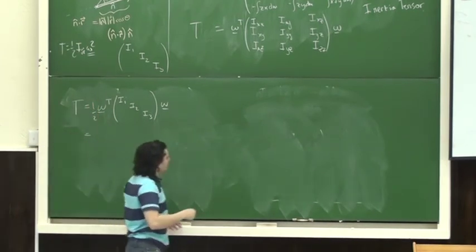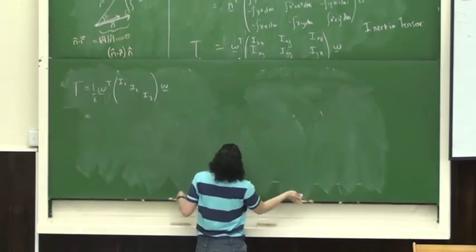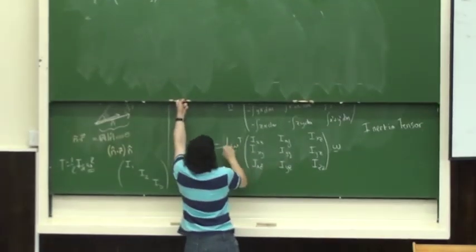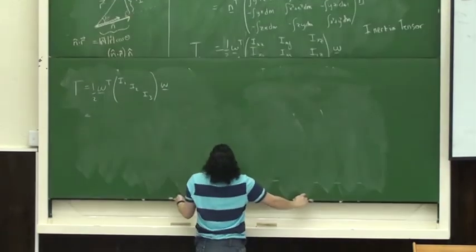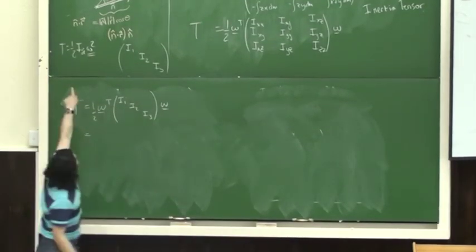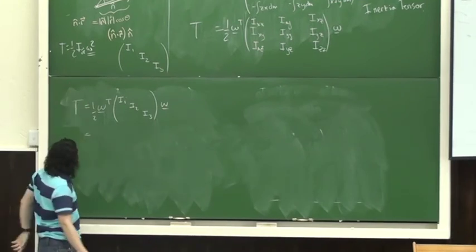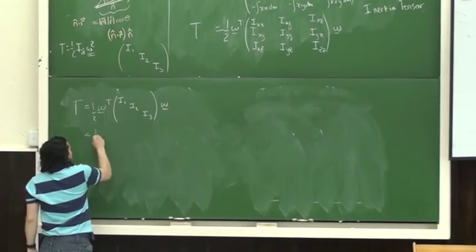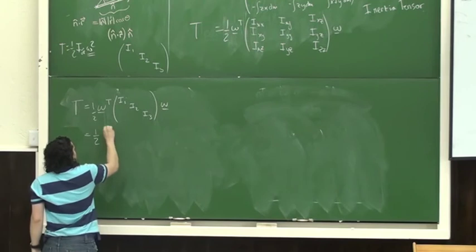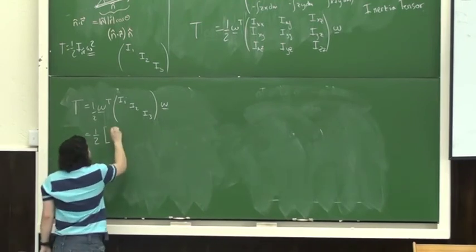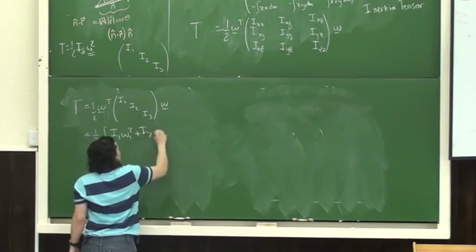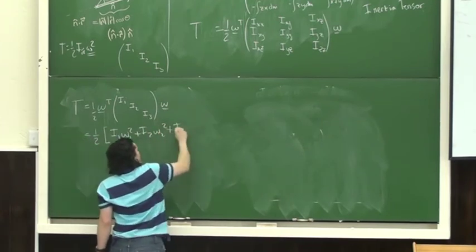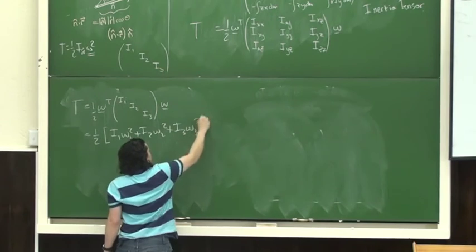I should have put a half up there. So this thing looks like this: a half times I1 omega 1 squared plus I2 omega 2 squared plus I3 omega 3 squared.